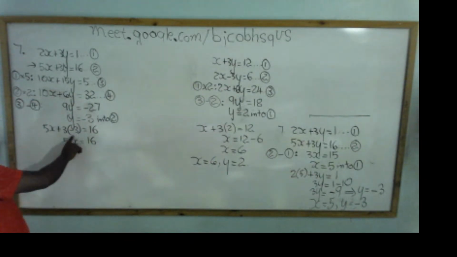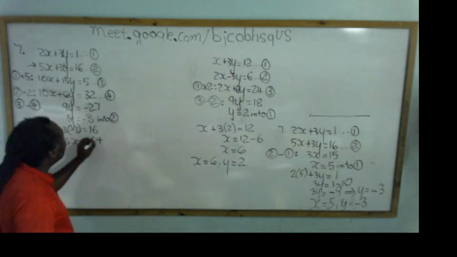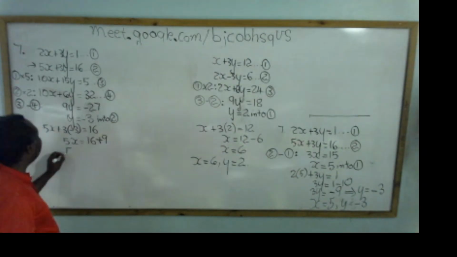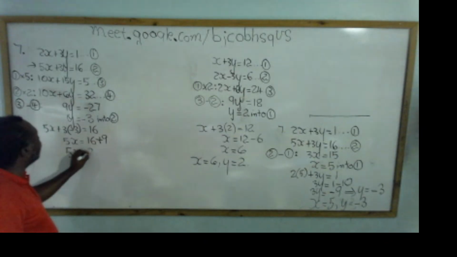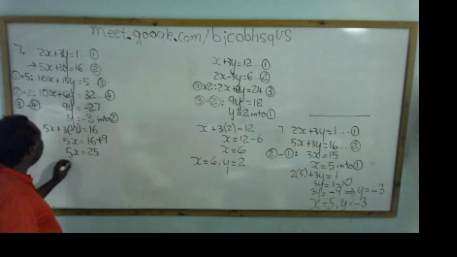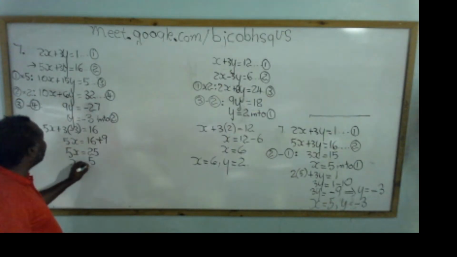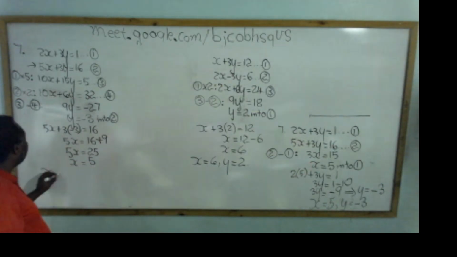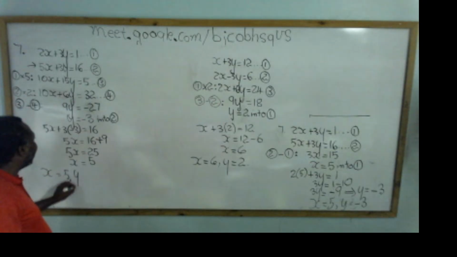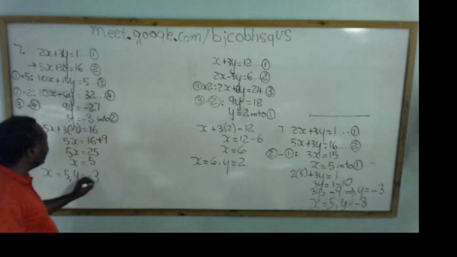Because we have a negative 9, we're going to eliminate that by addition. Plus 9. So 5x is equal to 25, so x is equal to 5. So x is equal to 5 and y is equal to negative 3.